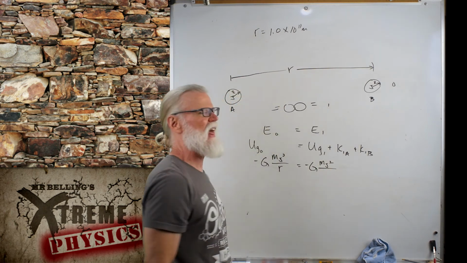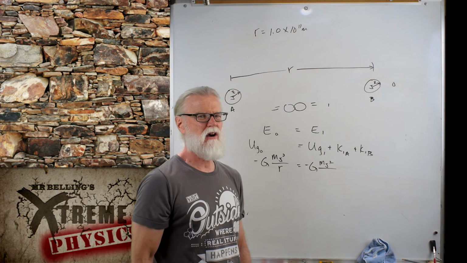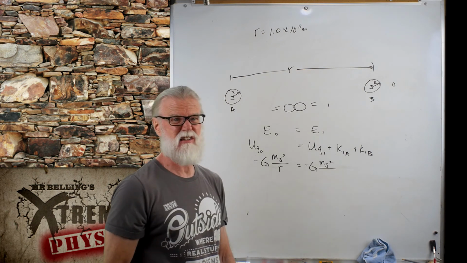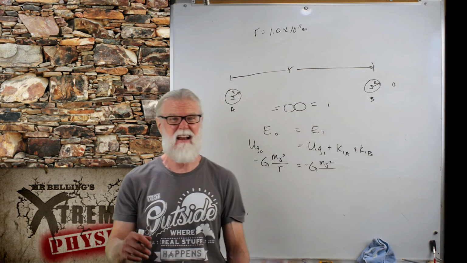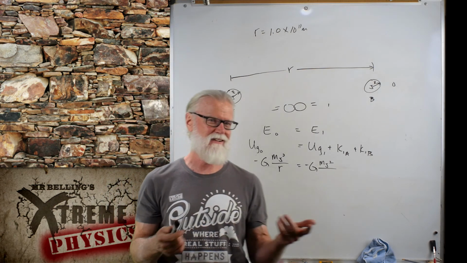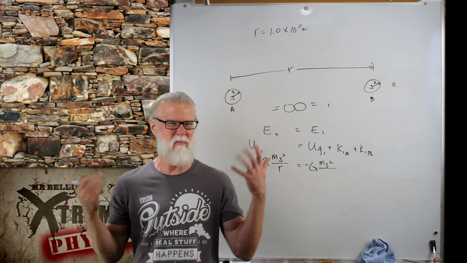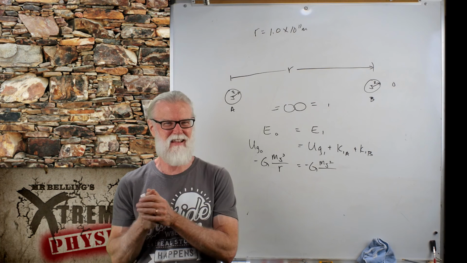Minus G, mass of Jupiter squared. Now, how far apart are they when they smash together? Can't be 0. This does get tricky, I have to say. We're going to assume the planets don't... Well, number one, Jupiter's a gas. Even if it was solid, when they hit, they would melt. How close do they get together?